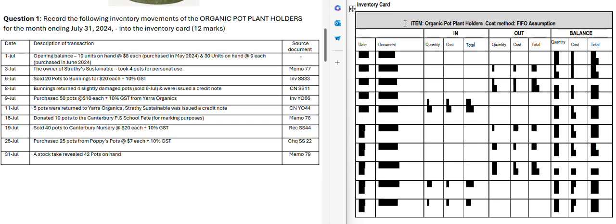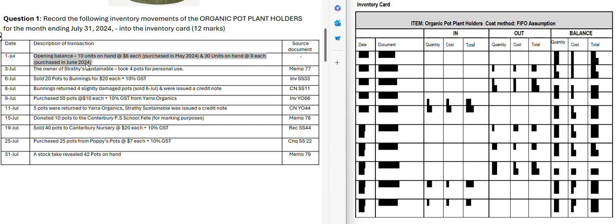All right, so let's start on the left here. I'll just highlight this. We've got an opening balance: 10 units on hand purchased in May, and 30 units on hand purchased in June.